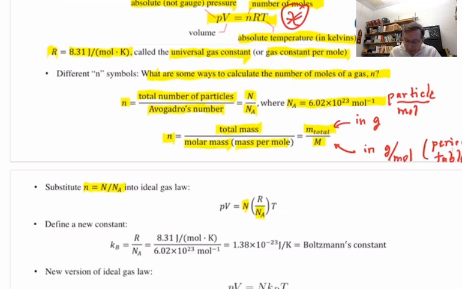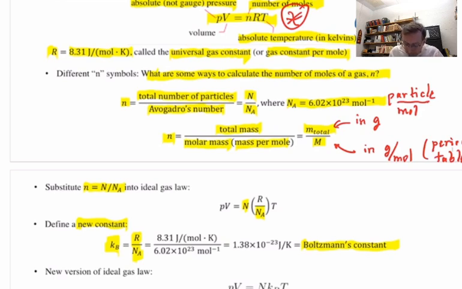And I did the grouping that way because the gas constant per mole, R, and Avogadro's number, N sub A, are both basic constants. So we can just take those two divided by each other and define a new constant, symbol k sub B. Name Boltzmann's constant, after an Austrian physicist in the 1800s.